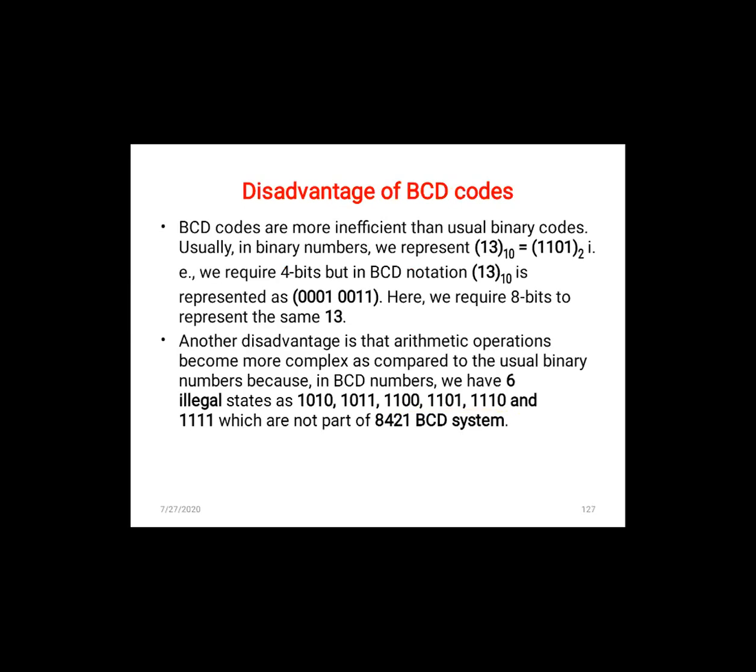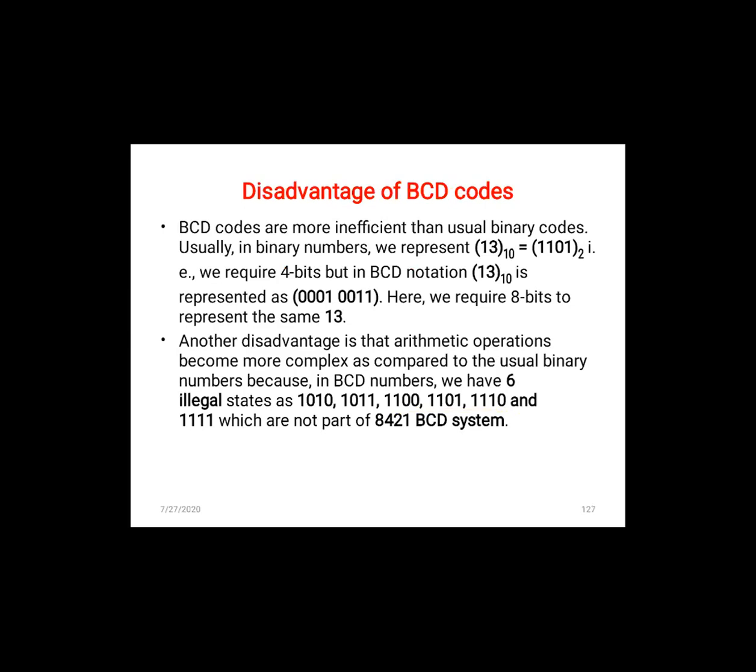So there are a lot of disadvantages, because the number of bits required in BCD code is more compared to binary code. In binary we had only 4 bits, but the same number 13 in BCD occupies 8 bits.